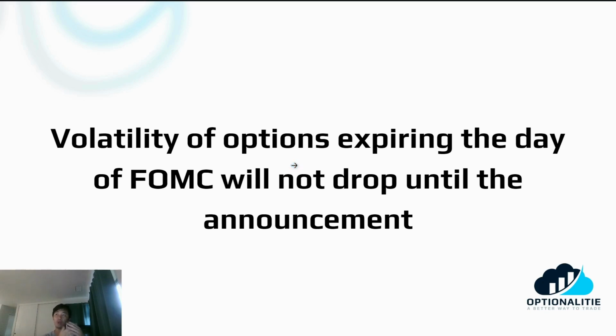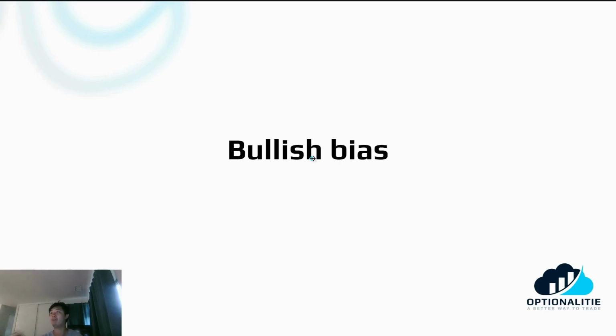We want to be short options going into the FOMC, but we want to be long options during the FOMC because we know they're going to retain their value really well, but we know that the short options before that are likely to die on the vine because basically nothing's going to happen before then. And lastly, I combine that with a bullish bias going into the FOMC, and I will show you the chart of SPY, which is the instrument I traded, going up into the FOMC.